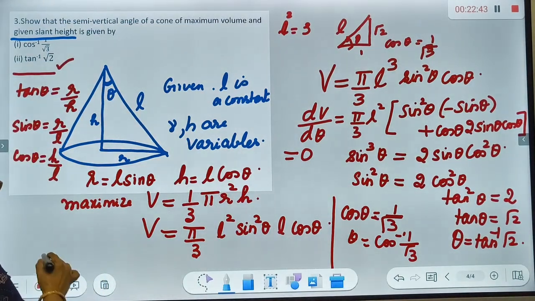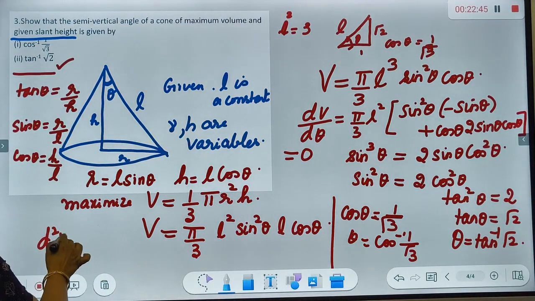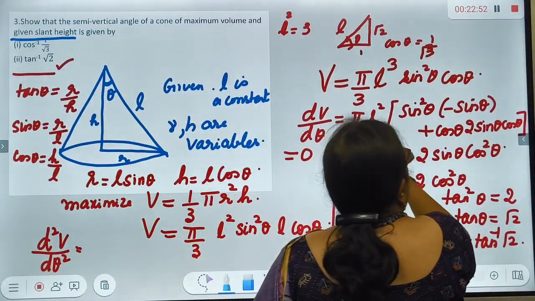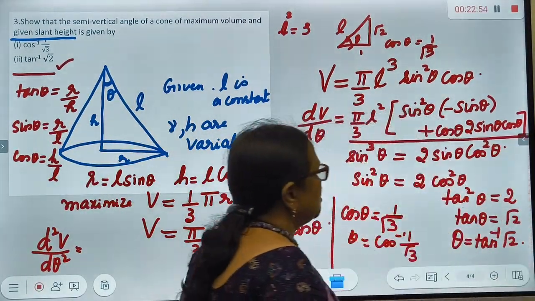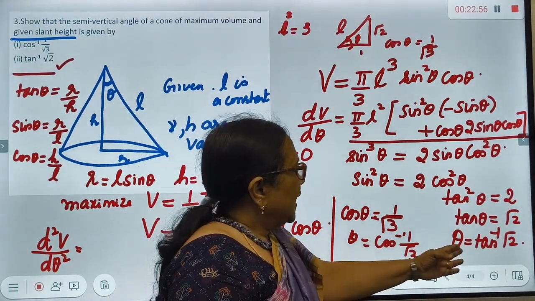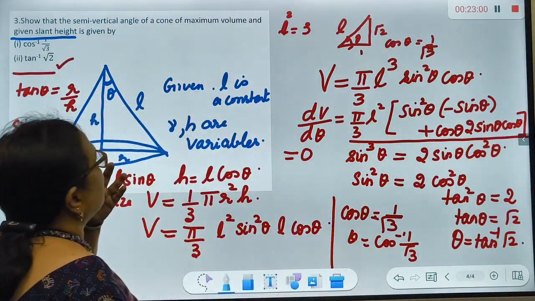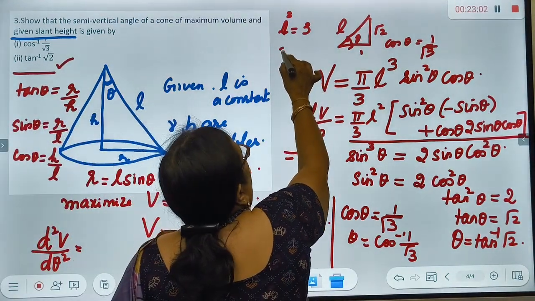So I'm going to leave as homework for you to find d square V by d theta square. For this, you have to just differentiate this and substitute tan theta as root 2, or cos theta as 1 by root 3. If cos theta is 1 by root 3, what will be sin theta?